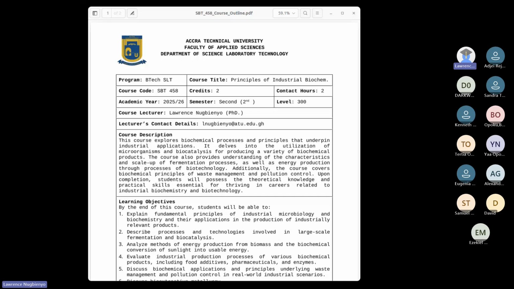Now let's come to Alexander's concern that the weekday is not convenient, which means doing toxicology on weekdays is not convenient for him.